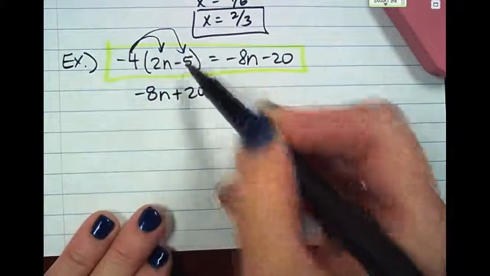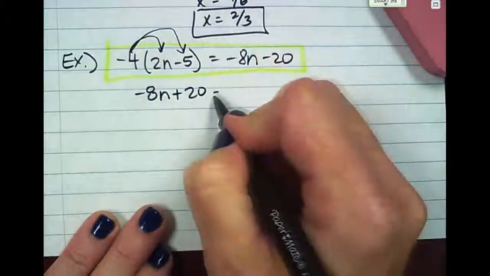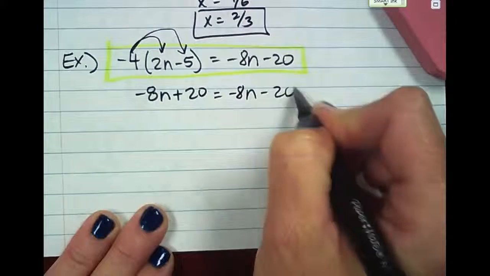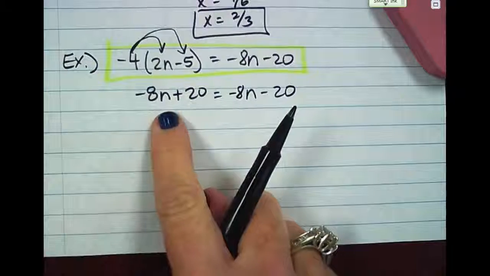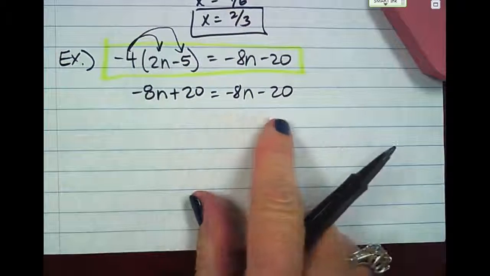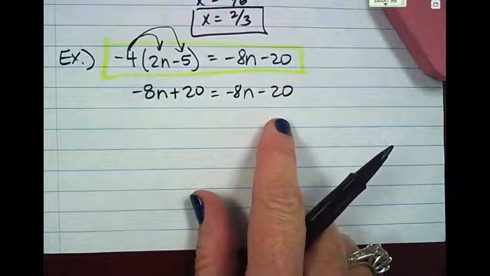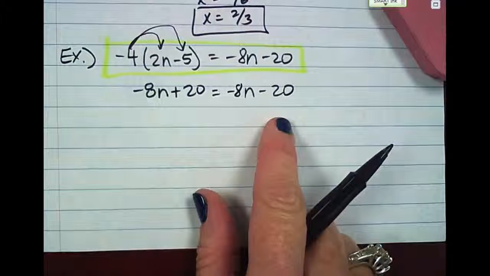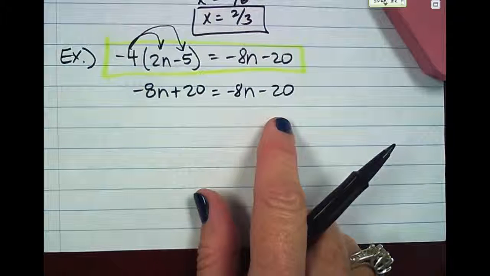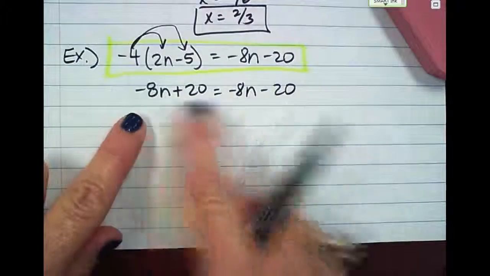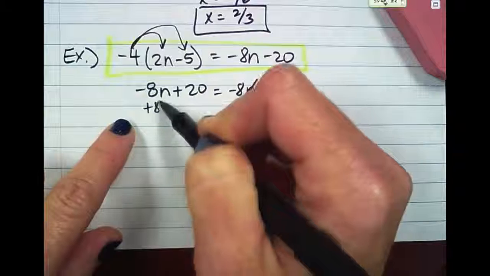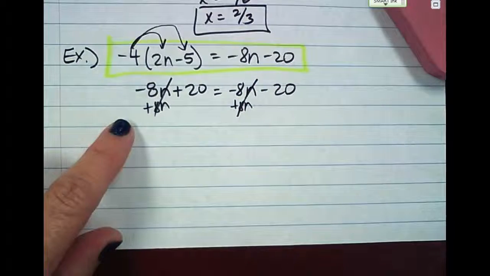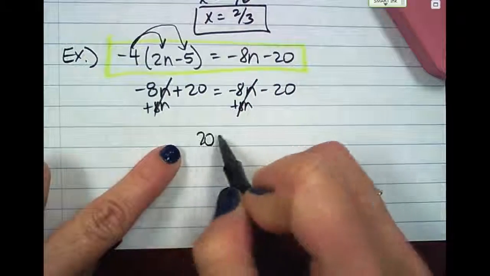Negative 4 times negative 5 is positive 20. And you end up with negative 8n plus 20 equals negative 8n minus 20, which if you notice at this point, that obviously cannot be true. But in case you missed that, it's okay. When I try to add 8n to both sides, plus 8n, what's going to happen? They go away. So you end up getting 20 equaling negative 20.